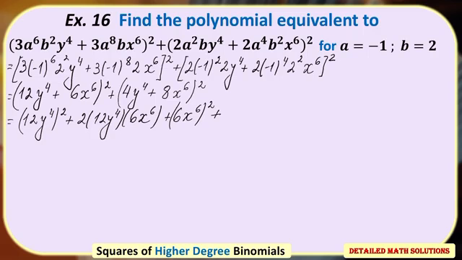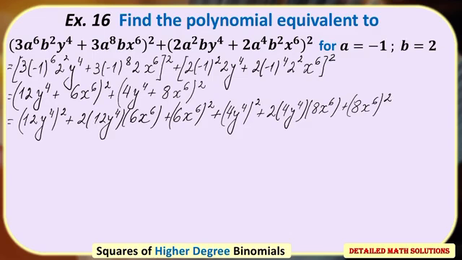When I do that, this equals 4y to the 4th, in parentheses, squared, plus 2 times 4y to the 4th multiplied by 8x to the 6th power, plus 8x to the 6th power, in parentheses, squared.